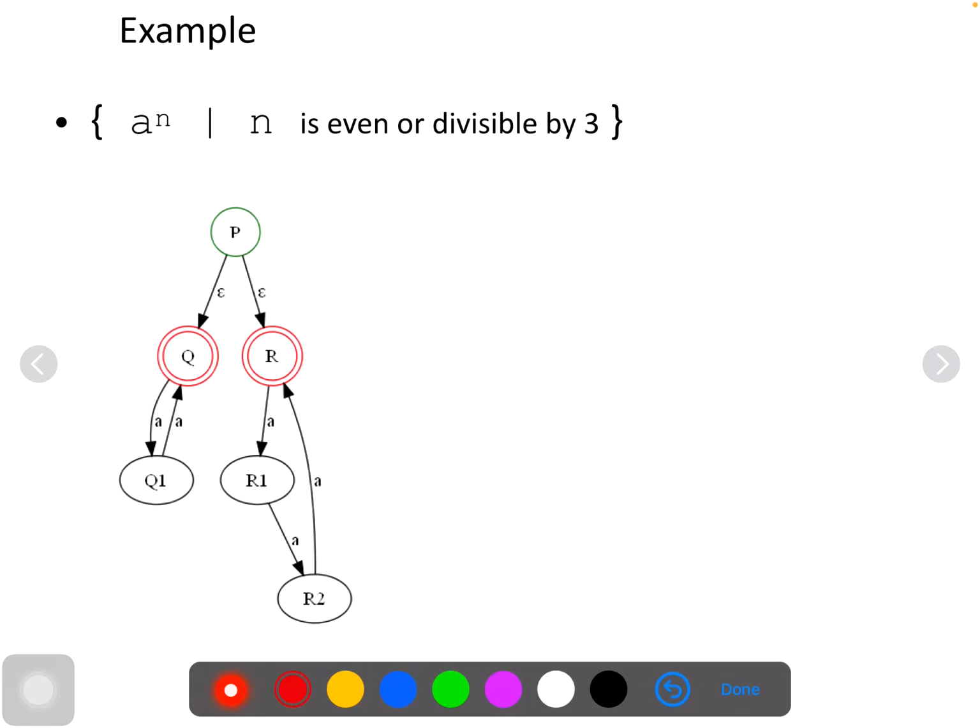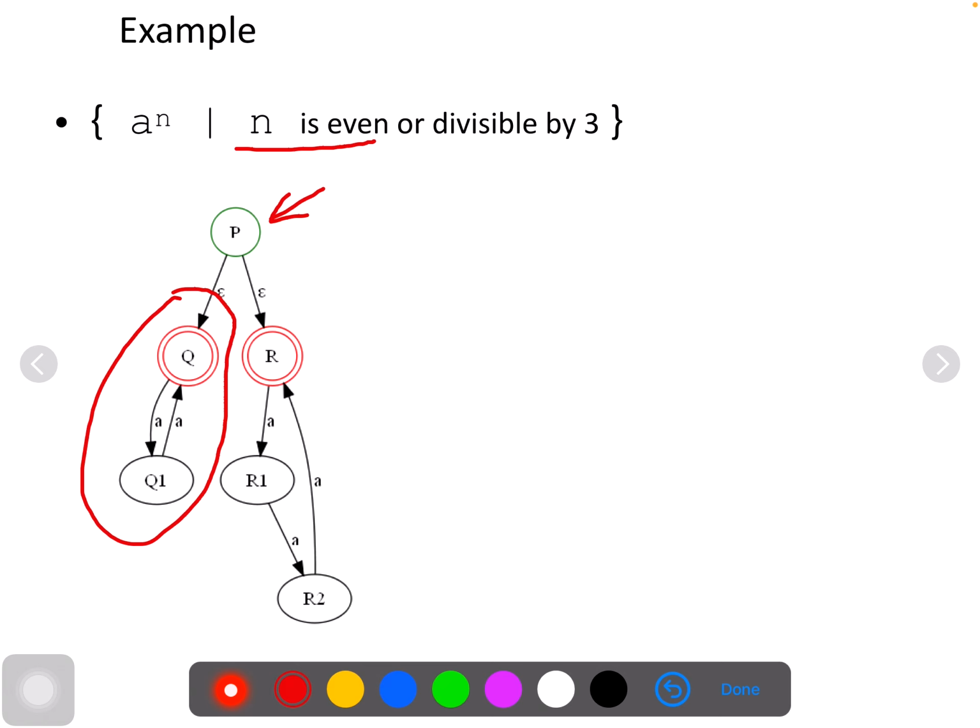I have constructed it already. Look at this. I have taken P as the initial state. First you have to look at the first case, where n is even. As I told you in the introduction, whenever you want to change from one state to another, even if there is no input, you can still transit on the epsilon symbol.